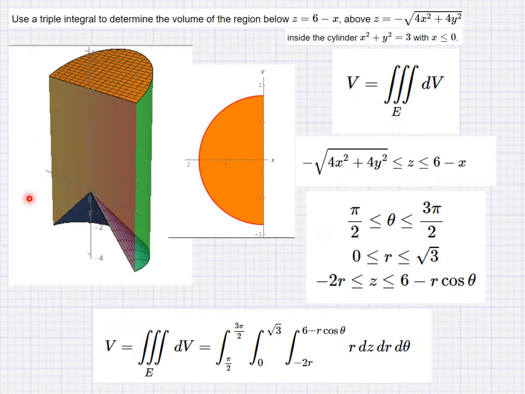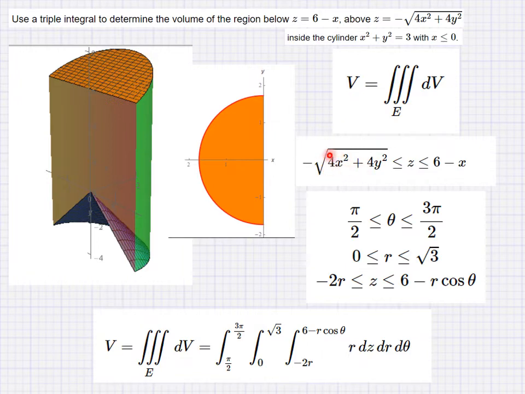But looking at this picture, this looks a lot like a cylinder. Okay, so why don't we switch this to cylindrical coordinates? So as far as the z's go, z is still going to be between these two surfaces, but we would convert these surfaces into cylindrical coordinates. So this 4x squared plus 4y squared, if you factor the 4 out, it would be 4 times x squared plus y squared, which is r squared.